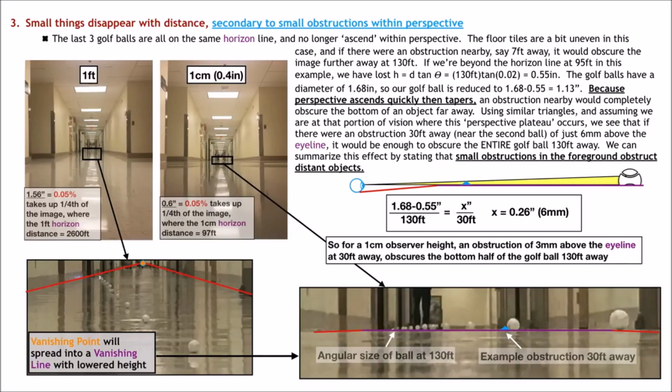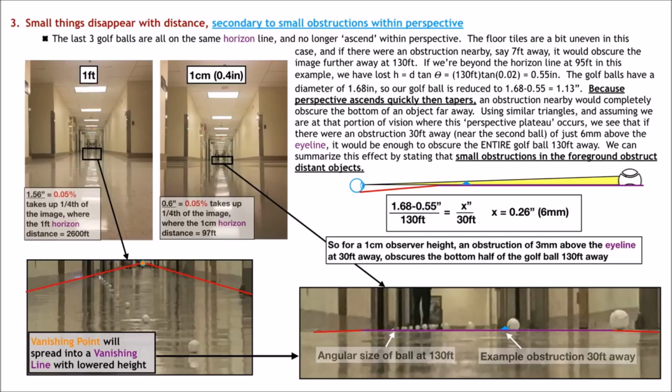On the bottom right-hand picture, I've pointed to the golf ball that is 130 feet away. If we were to put an obstruction, let's say this blue triangle, in the nearby vision, at 30 feet away, next to the 30-foot ball, you can see how if I put that in line with the 130-foot golf ball, it would completely obscure that ball.